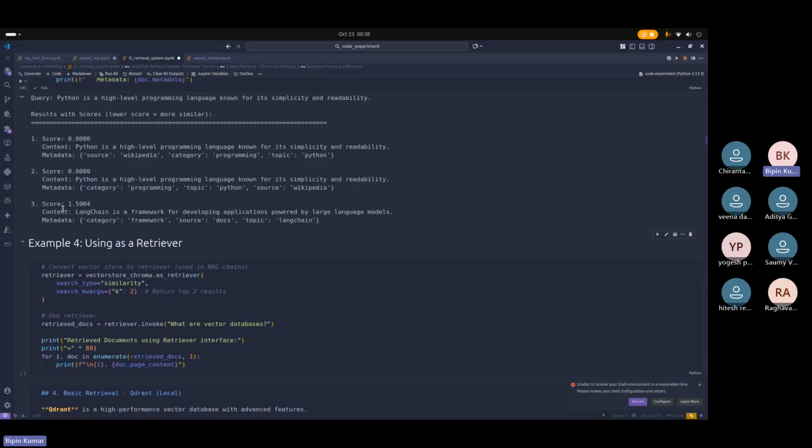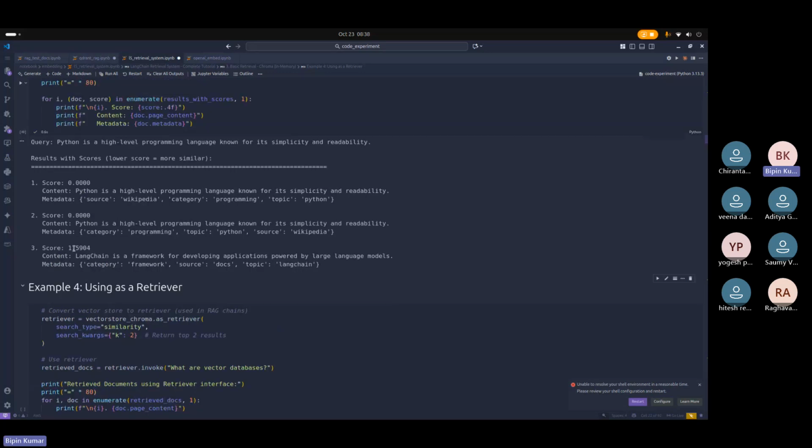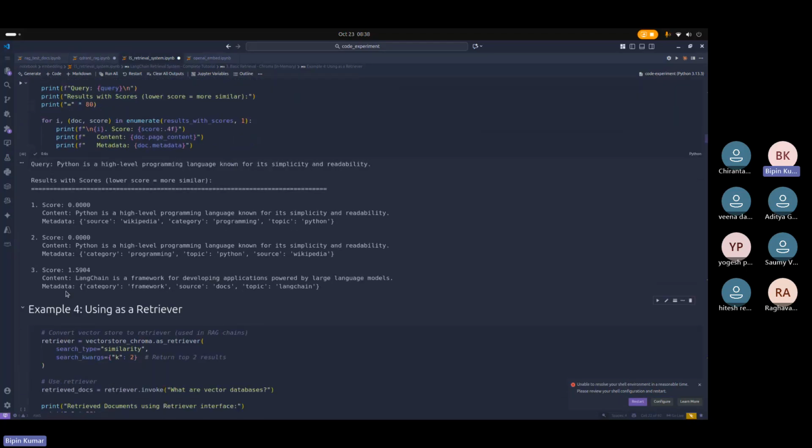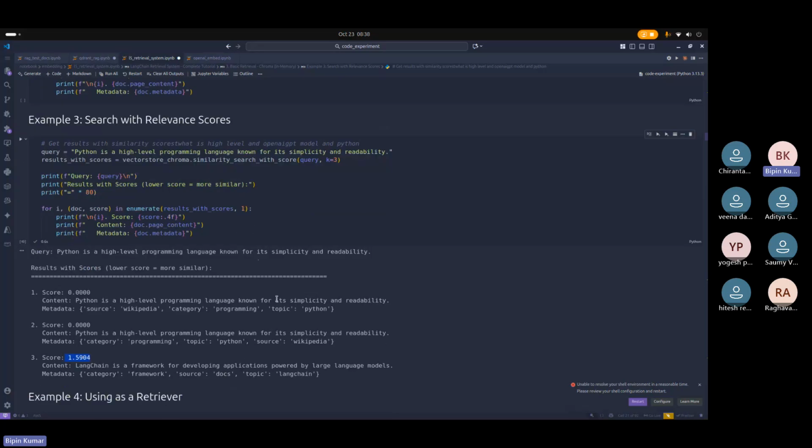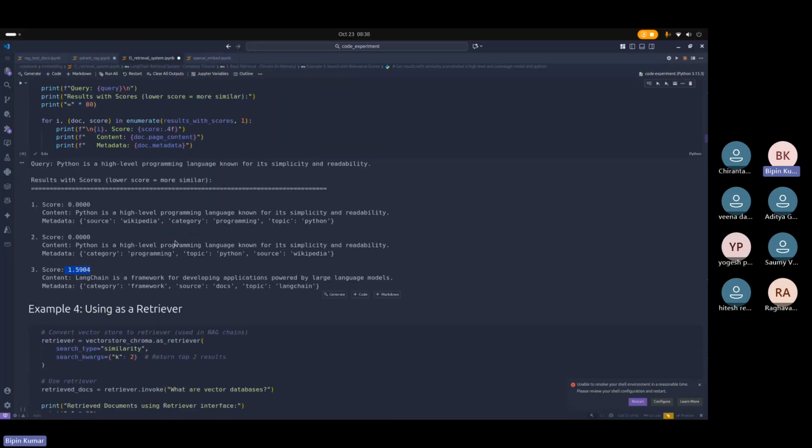Now the third, since we have asked for 3 documents, because of that it gives another one and the score is higher, right? In this case, you have asked for cosine similarity, but it is actually calculating the cosine distance.